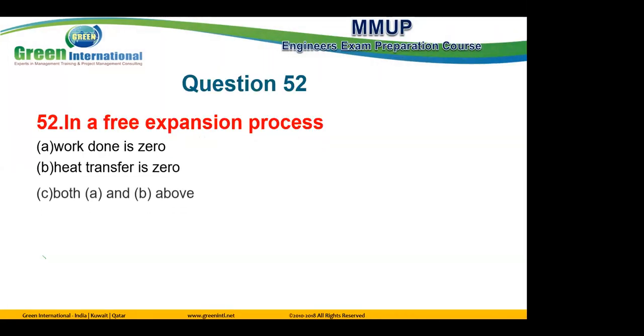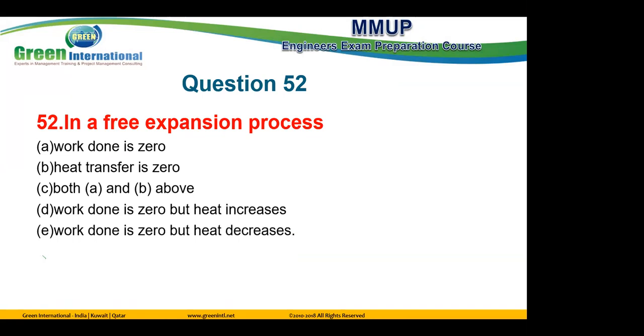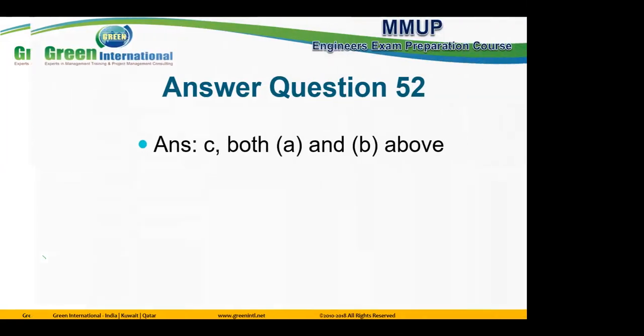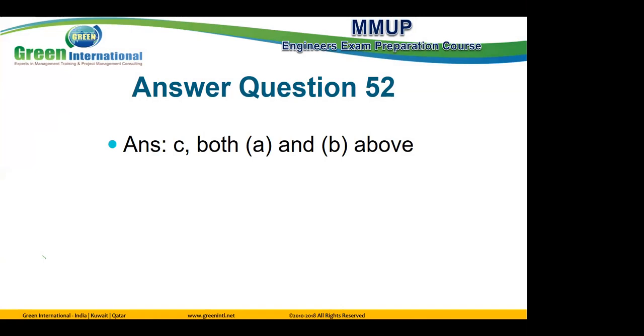Free expansion process. Work done is 0. Yeah, we agree with you. Work done is 0. But actually also heat transfer is 0. So the answer is NB.